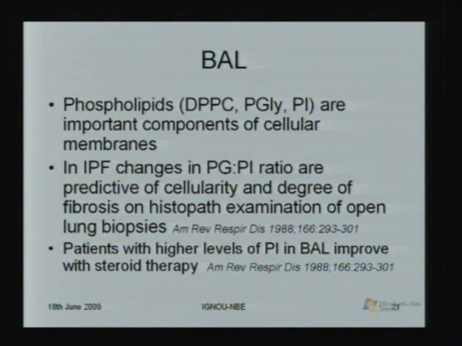In IPF, the changes in the ratio of phosphatidylglycerol to phosphatidylinositol are predictive of cellularity and the degree of fibrosis on histopathological examination of open lung biopsies. Patients with a high level of phosphatidylinositol in the BAL fluid have been shown to improve with steroid therapy.